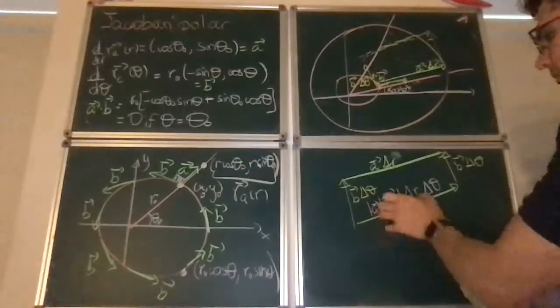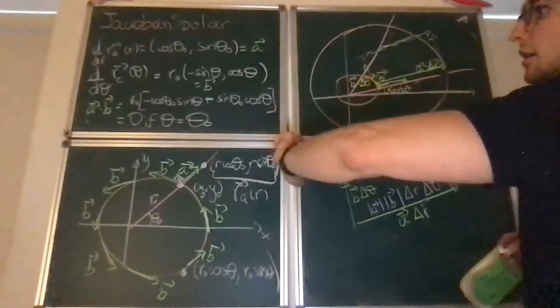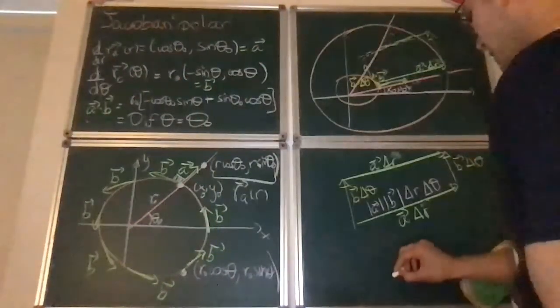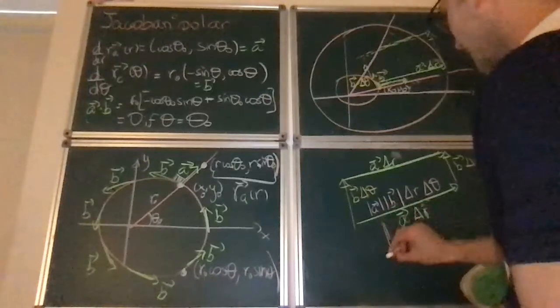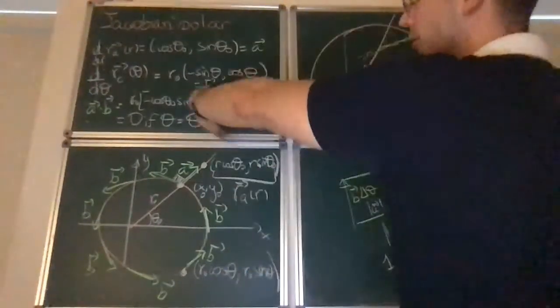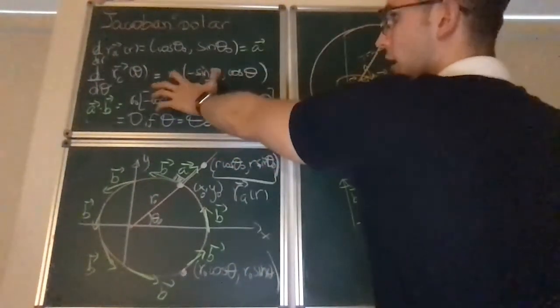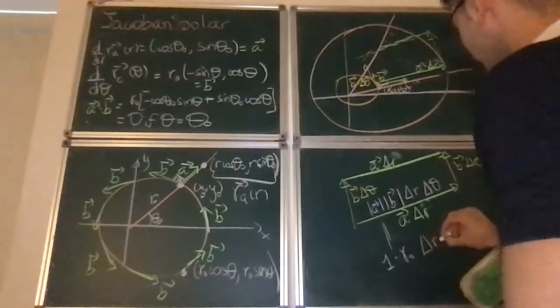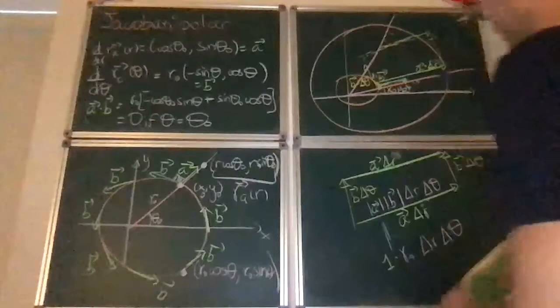But now, what is the norm of a? The norm of a, this is a unit vector, so that's 1. And so this is 1 times the norm of v, but the norm of v is r naught, times delta r times delta theta. Okay?